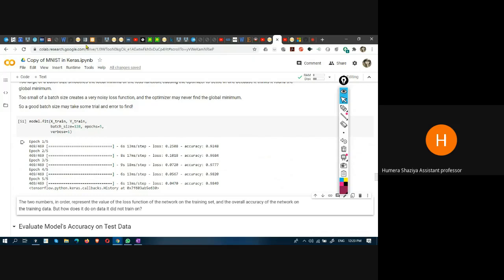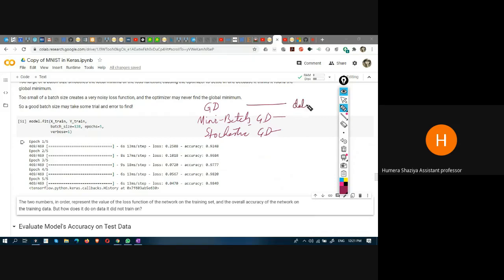I already discussed, but I will tell you again. You have gradient descent, you have mini batch gradient descent, and we have stochastic gradient descent. Gradient descent is training the entire data set at once, all the data items.